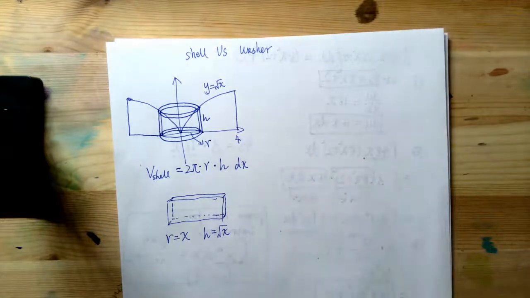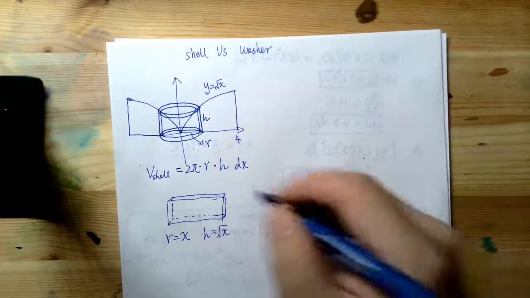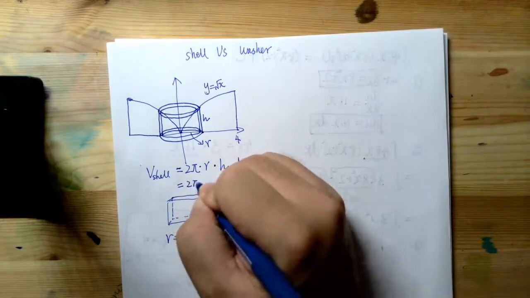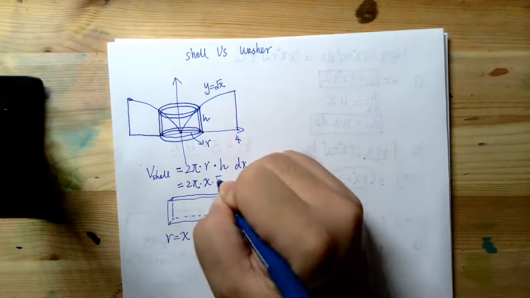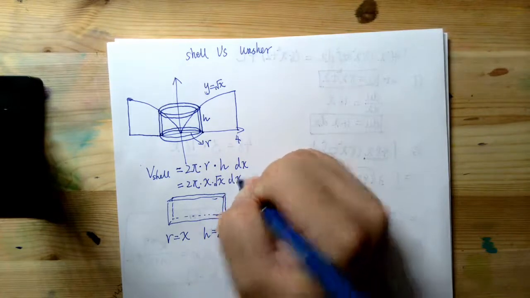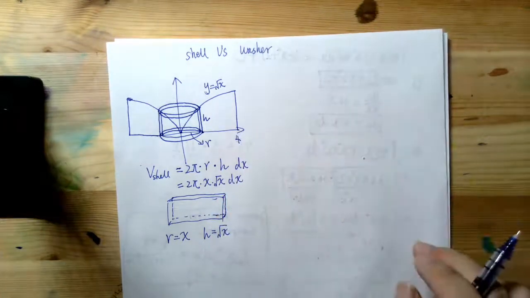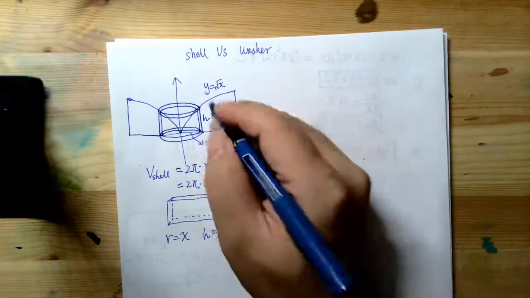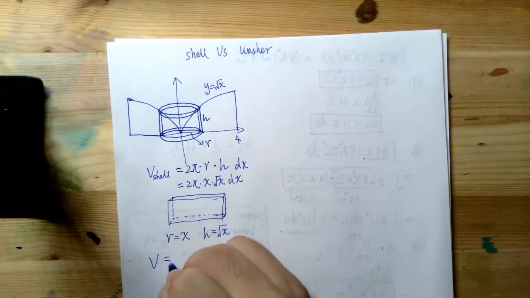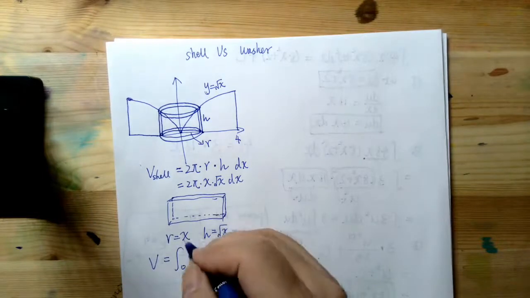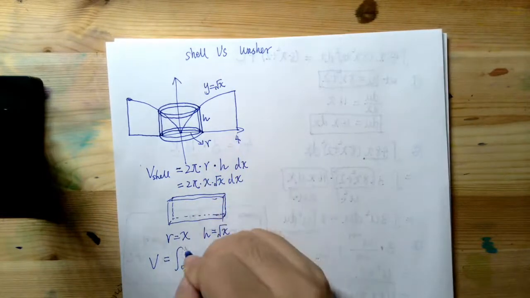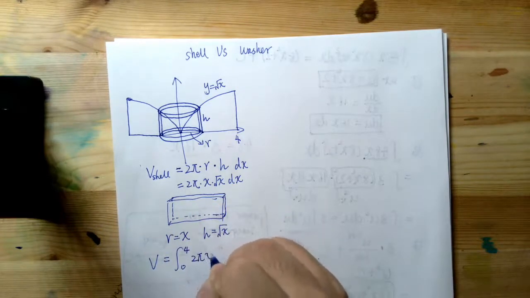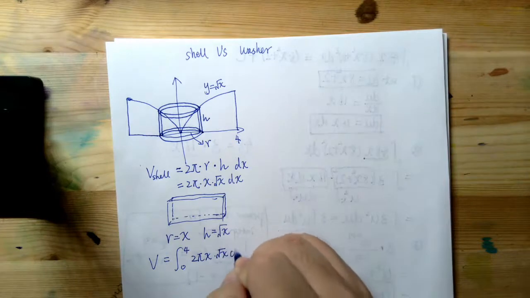Right now, put all these pieces together. The volume of the shell is 2 pi times x times square root of x times dx. So the volume of the solid is the integration from 0 to 4 of 2 pi x times square root of x dx.